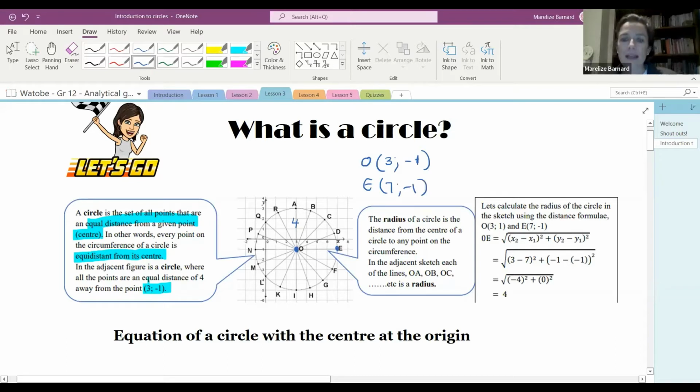We can calculate the radius, the distance from O to E, using the distance formula. Those are the steps to do it, and we can look through it quickly, but we will do that in a bit more detail later on. But a good thing to keep in mind is that the radius can be calculated given the center of the circle and one of the points on the circumference of the circle.